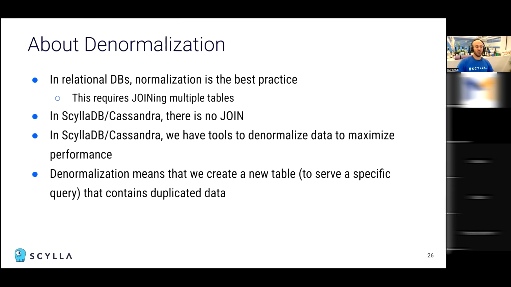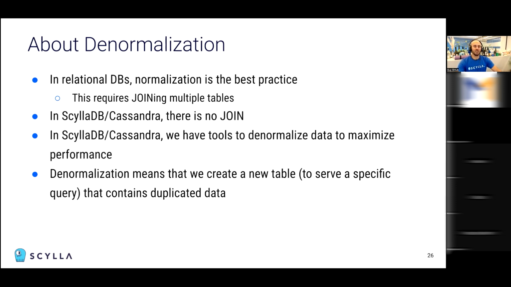One way to do denormalization is to do it at the application level. That means that the user, whoever writes the application, can take care of maintaining multiple tables with all the data that we want to have according to the queries. However, doing that is complicated, it's a lot of work in terms of the application, and it's also not very efficient.